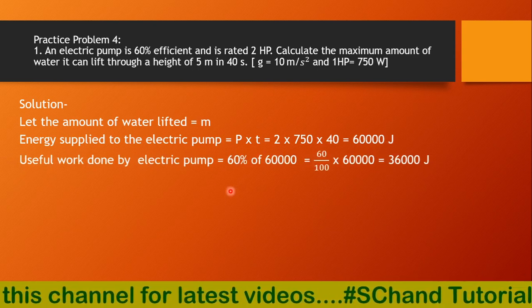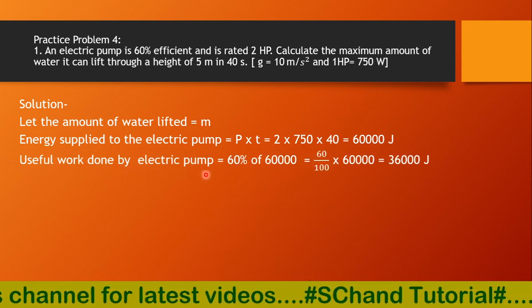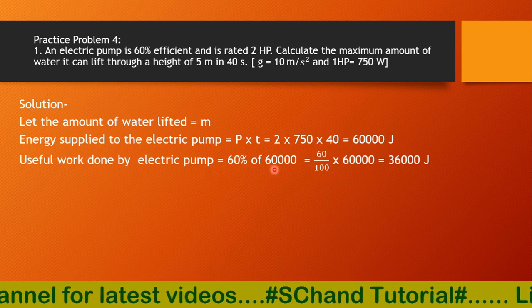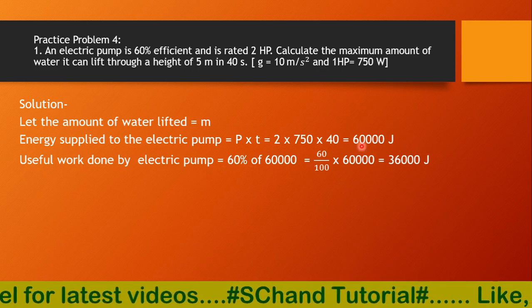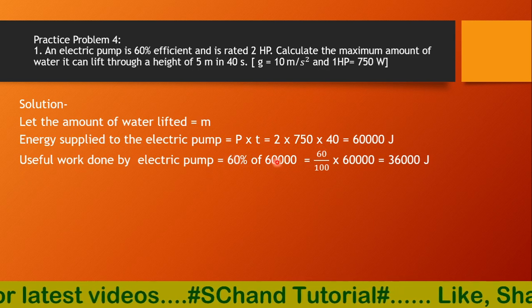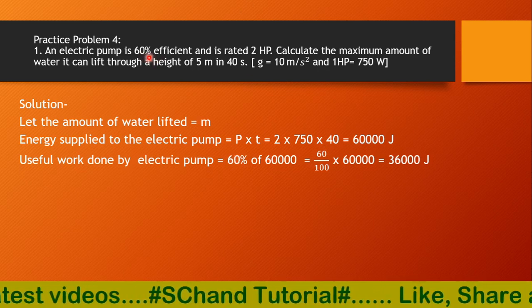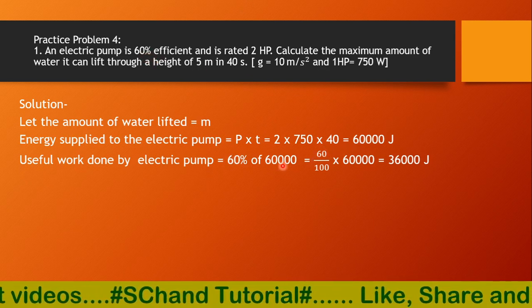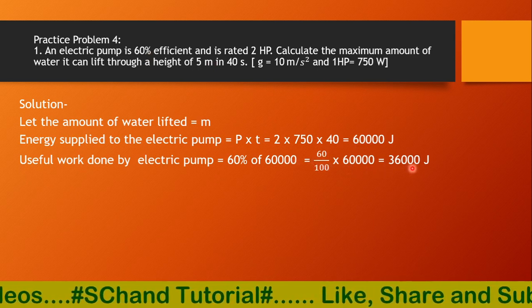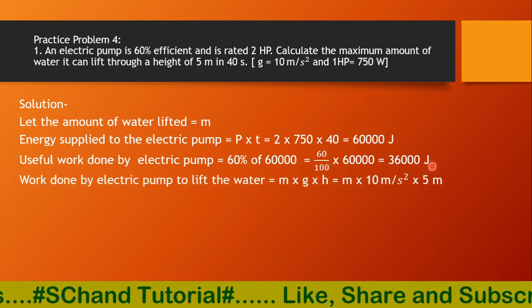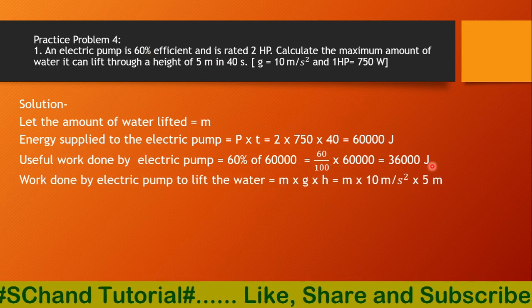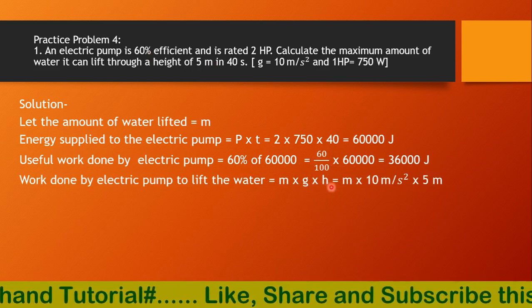And how much is the useful energy? Useful work done by the electric pump is equal to 60% of 60,000, since it is 60% efficient. So 60% of 60,000 will be 36,000 joule. So work done by the electric pump to lift the water up is equal to mgh.